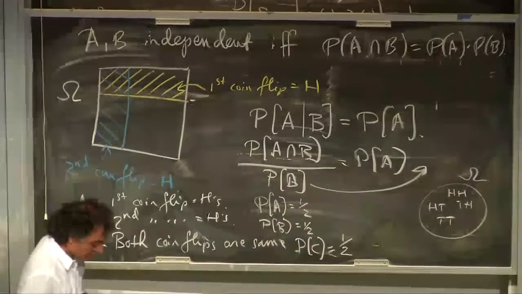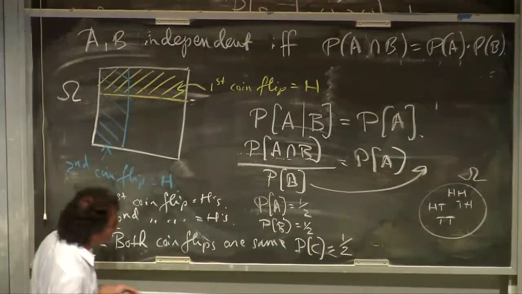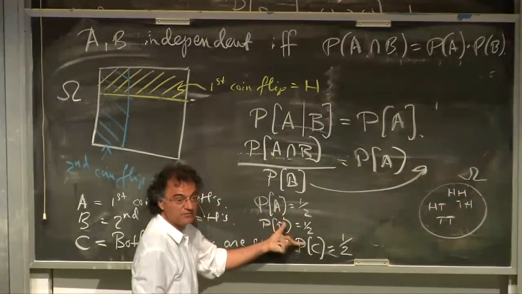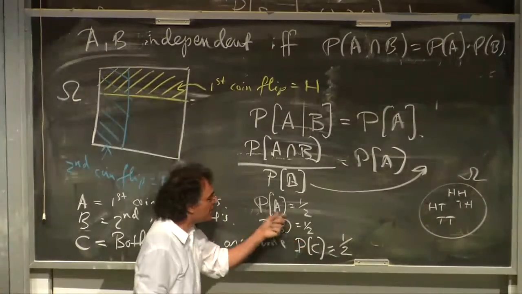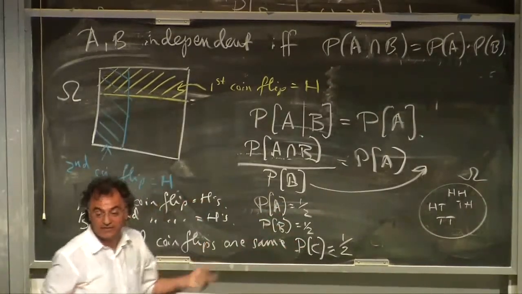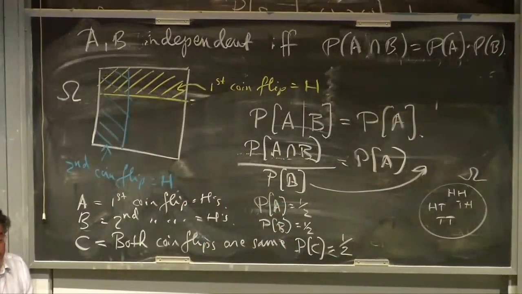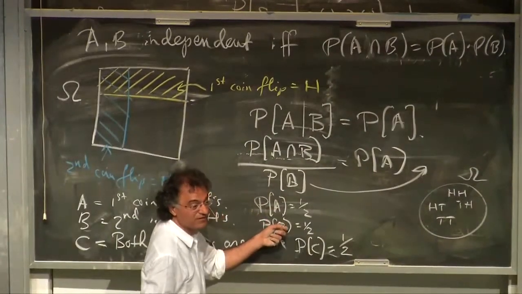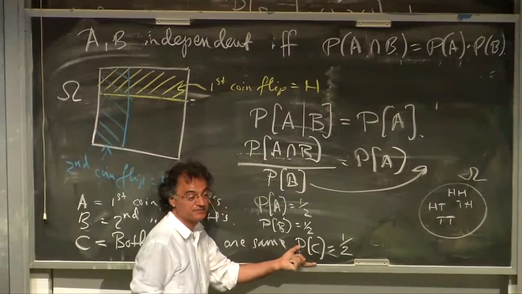Okay? So here we have a case where A and B are independent, A and C are independent, B and C are independent. But what about A and B and C together? Are they mutually independent? Well, no, because as soon as you know whether A and B occurred, you know whether C occurred.